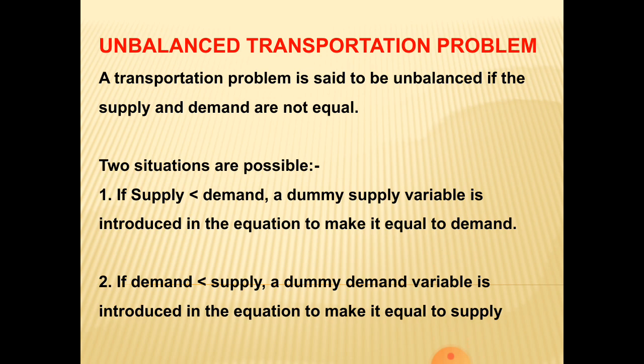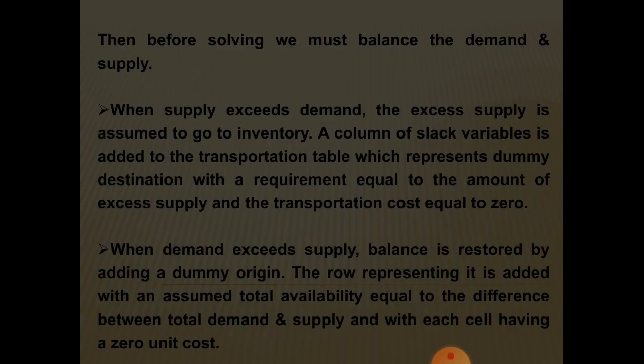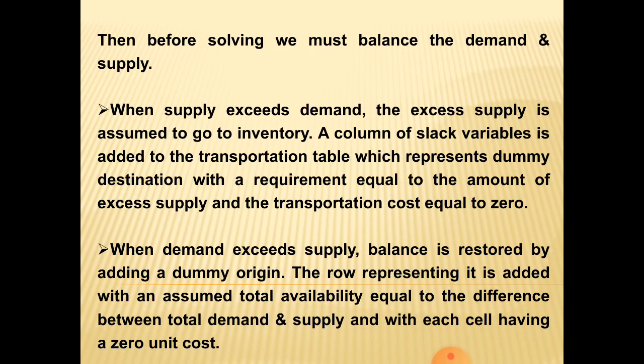If the demand is greater than supply, a dummy supply variable is introduced to make it equal to the demand. Before solving the problem, we must balance the demand and supply. I'll repeat again: before solving the problem, we must balance the demand and supply.